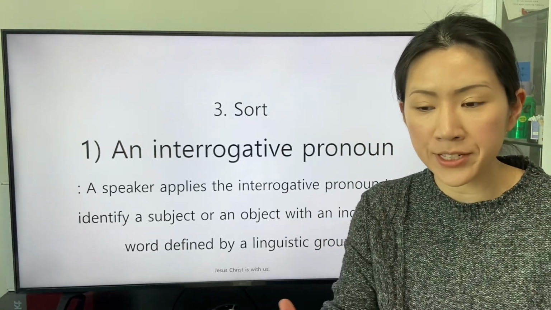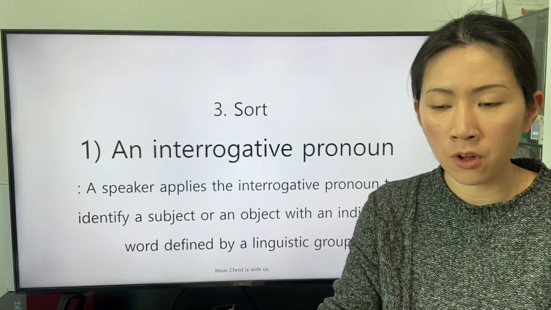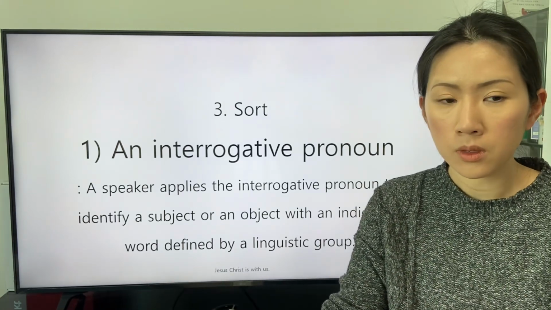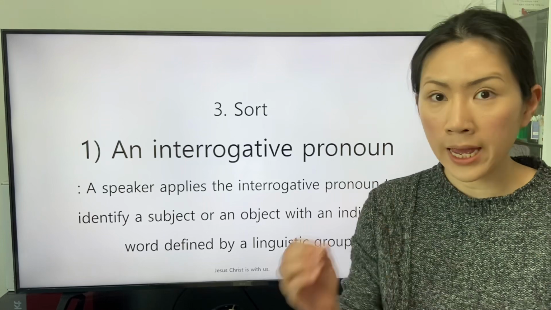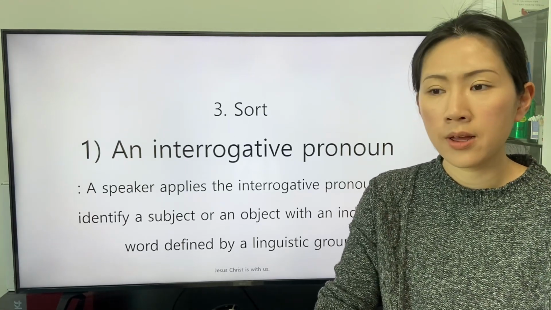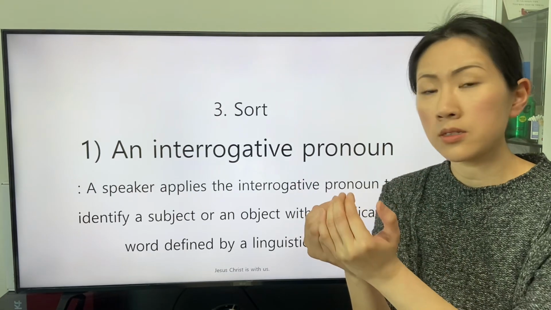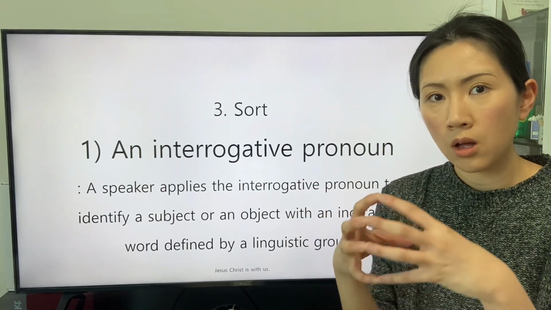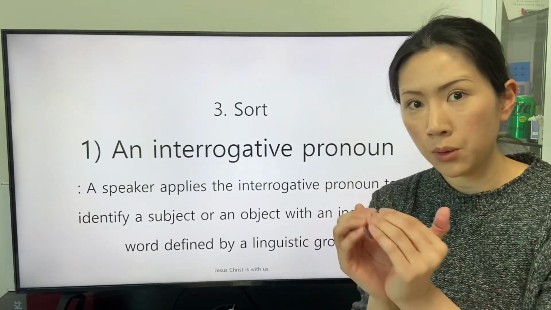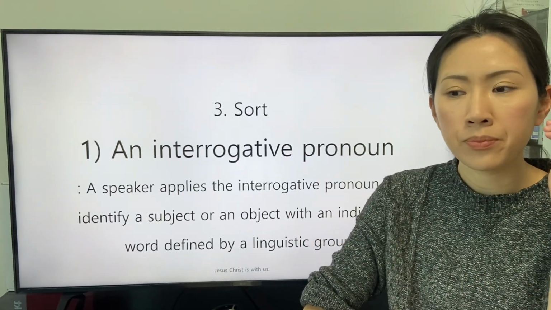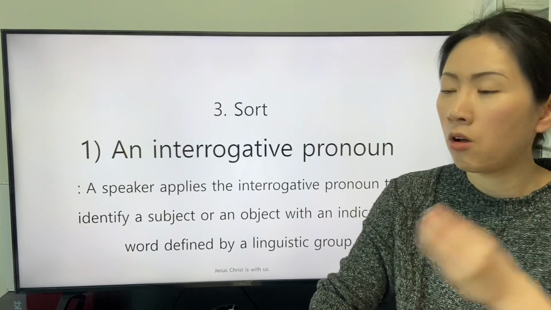The identification of a subject or an object indicates the phenomenon that the speaker recognizes the subject or the object indicated by a noun or a pronoun.